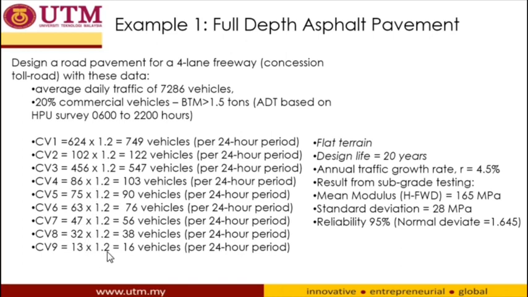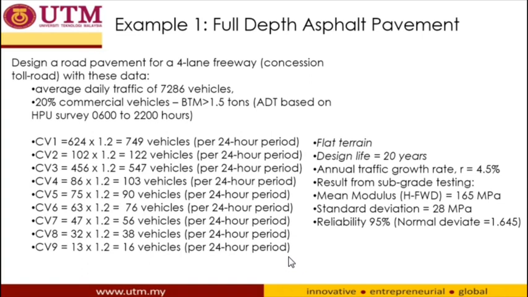So as mentioned here, the survey was conducted only between 6 a.m. to 10 p.m. Therefore, the data of the commercial vehicle must be multiplied with a 1.2 factor in order to convert the data into a 24 hour period.